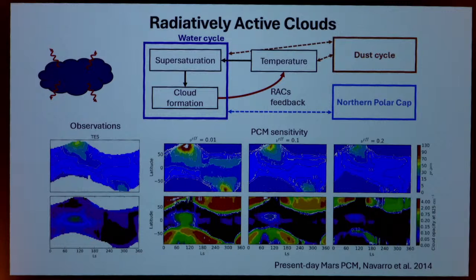And it drives the entire atmospheric water content for the rest of the year. So that's what makes it so complex: you need to find the right amount of clouds to warm up the surface, to have some water in your Martian atmosphere, but not too much, as to have a very, very humid atmosphere, much more humid than the observations.